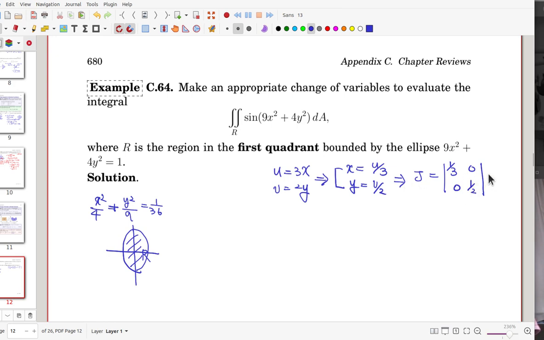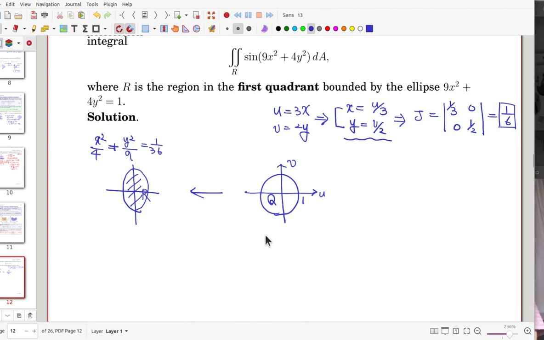So the determinant is 1/6. We found the scaling factor. Now, along with that map, we easily see that the pre-domain Q is a circle of radius 1 in the UV domain. Okay, that is 1, and that is the U direction, V direction. So the mapping is from here to there. There's Q, right?